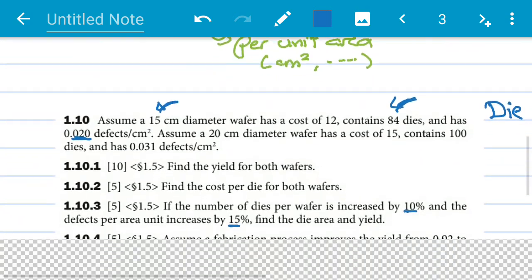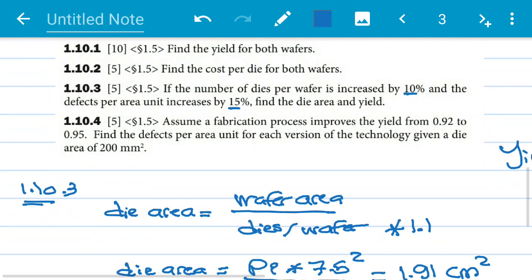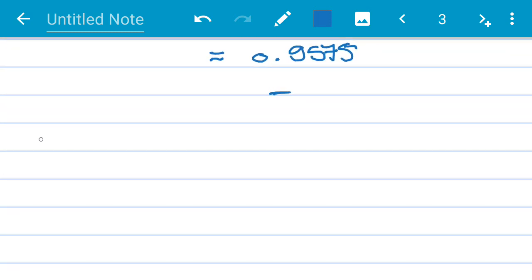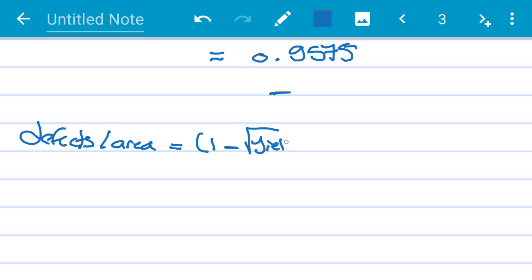A little bit of calculation, we can find that the defect per area is equal to (1 minus square root of the yield) over (square root of the yield times die area over 2).